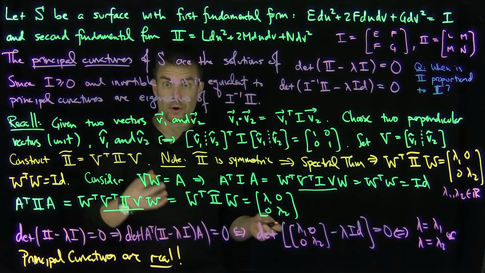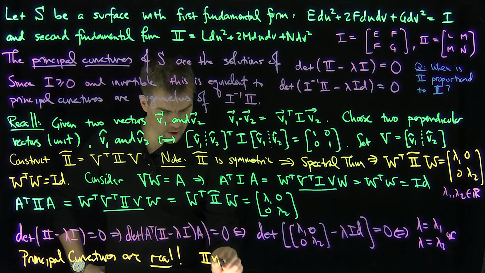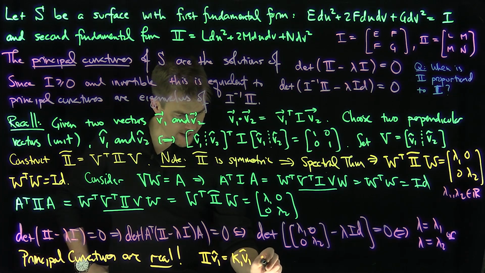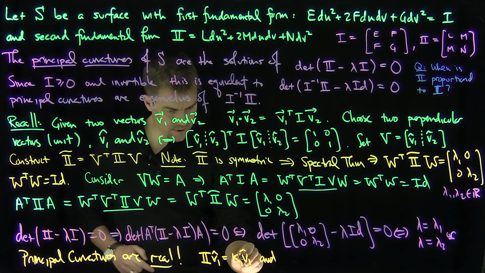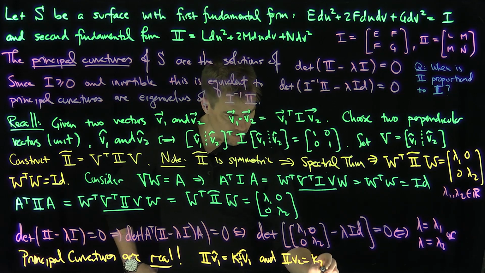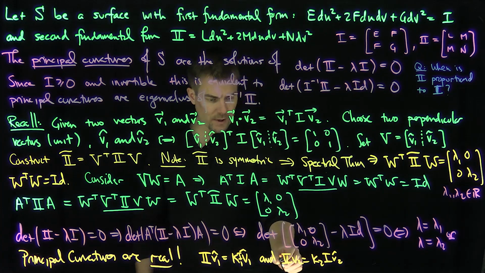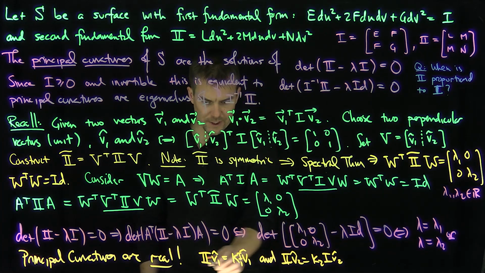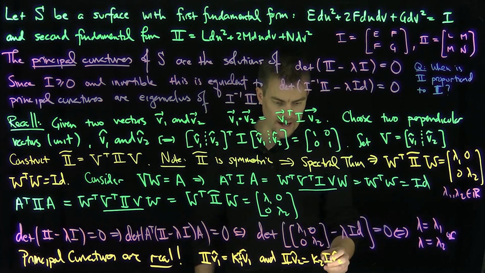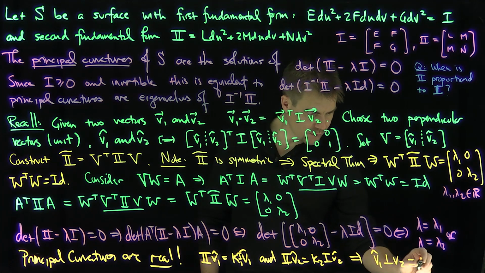And if these V1, V2, so if 2 V1 is equal to kappa 1 V1, and with an I, of course, and 2 V2 is equal to kappa 2 V2, then by hitting both sides with a V1 over here and a V2 over here, that will tell me that V1 hat is perpendicular to V2 hat over here.